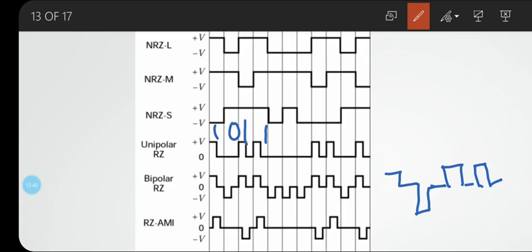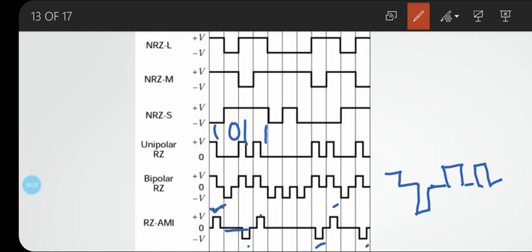Coming to RZ AMI, which is alternate mark inversion, it is a signaling scheme used in telephone systems. The ones are represented by equal amplitude and alternating pulses. The zeros are represented by the absence of pulses. So you can see 1 is represented by equal amplitude everywhere, wherever the pulses are present, but alternately we will have the pulse, and for 0 it is always going to be the absence of the pulse.